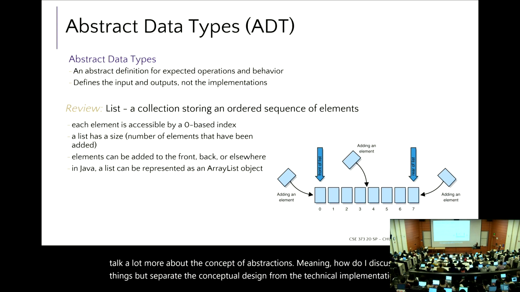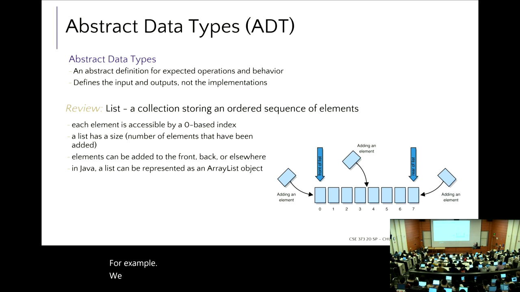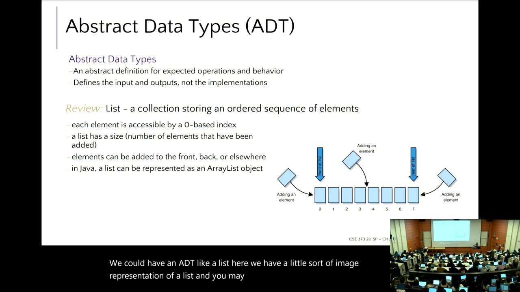What do I mean by that? For example, we could have an ADT like a list. Here we have a little image representation of a list. And you may remember something called an ArrayList from 14X. And I think there was even a more specific one called an ArrayIntList.